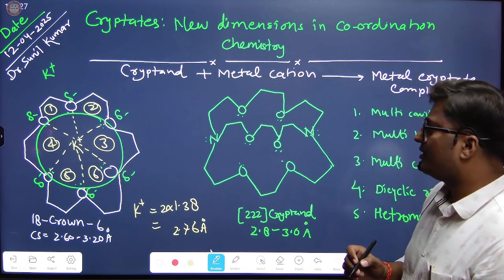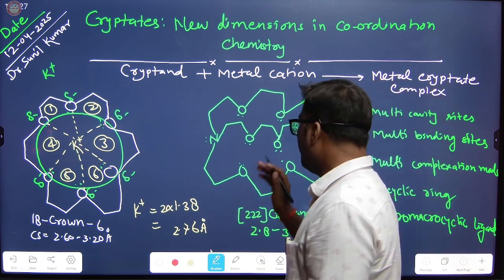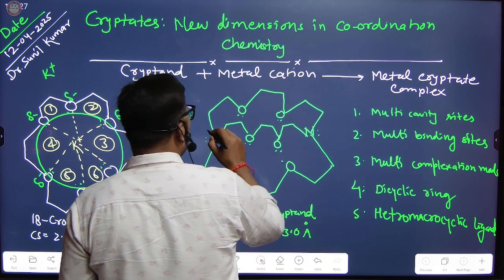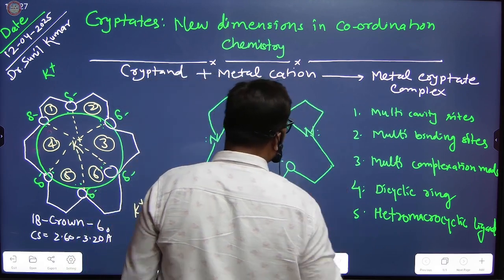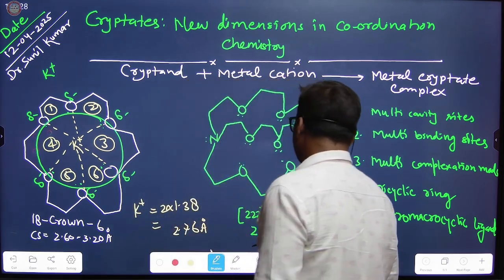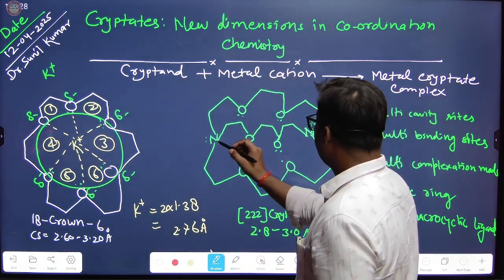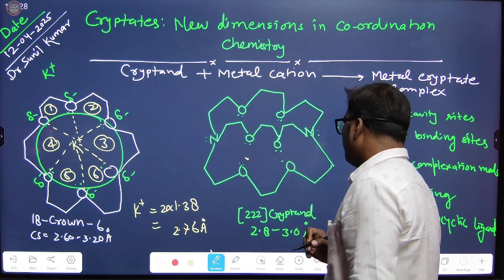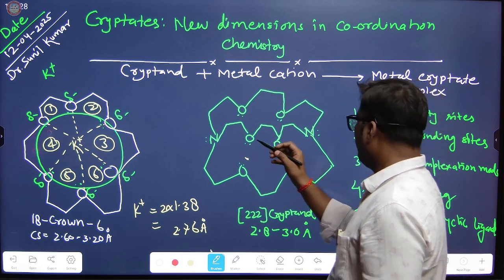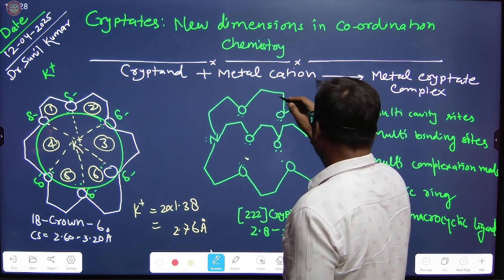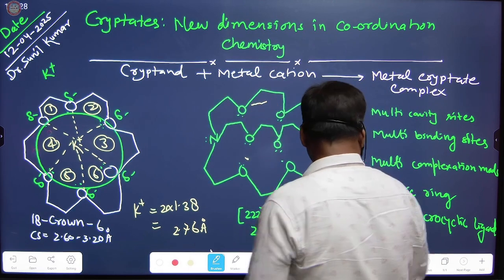So that is what we call strands. So this is polyether strands, right? This is a nitrogen atom, this is a nitrogen atom. Here two cyclic rings are present. So the first ring is this.